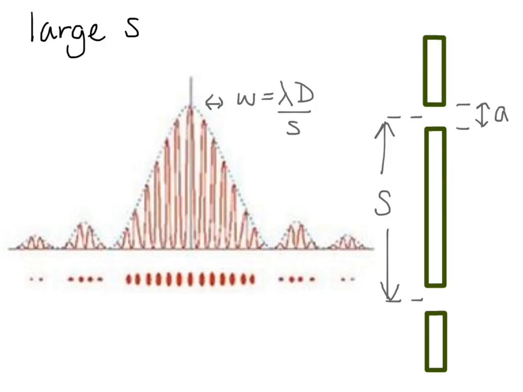Okay, lambda d over s. S is big, therefore w is small. But the single slit pattern, w is 2 lambda d over a. We've got quite a small value of a, so w is big, so quite wide here.